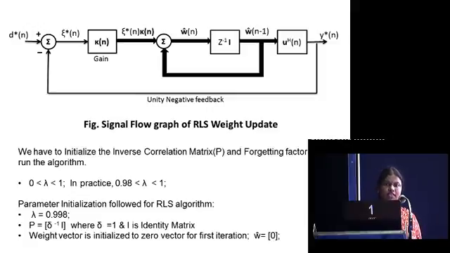This is basically close to unity but less than unity. I have taken a value of 0.99 here, which is usually used. We also initialize the correlation matrix, which initially I have taken as an identity matrix, and the weight vector as a zero vector to start off.